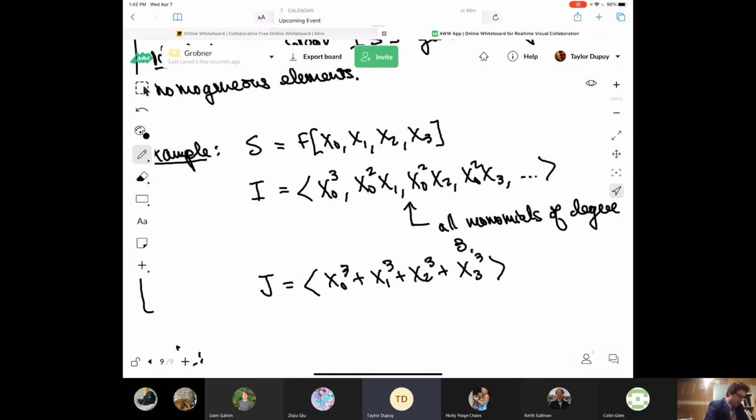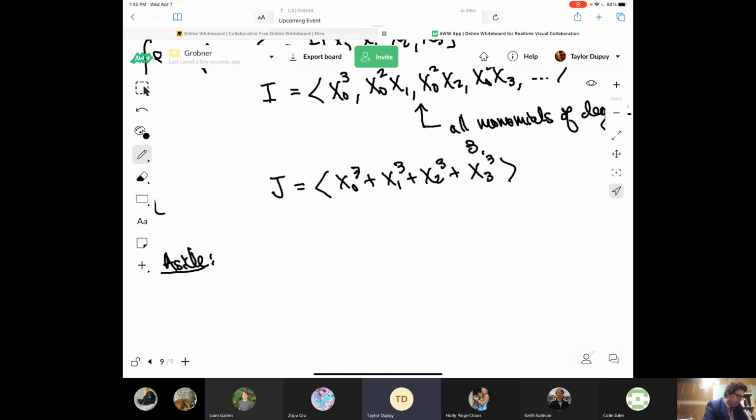But the ideals, there are elements in here that are not homogeneous, but they're sums of things that are homogeneous, right? So the point is that these ideals will also have direct sum decompositions.